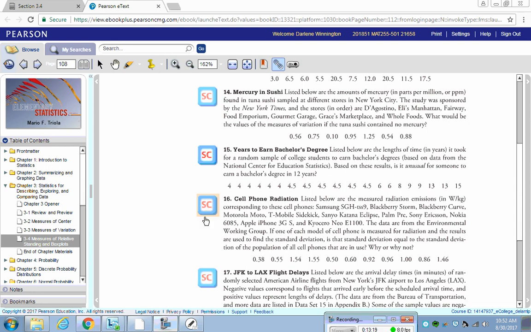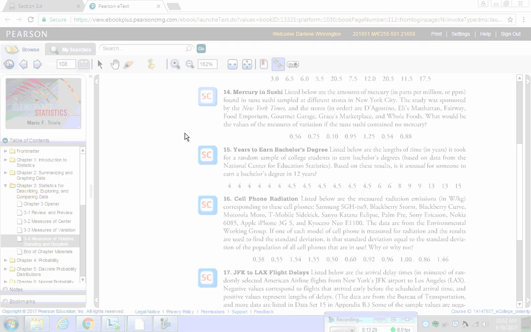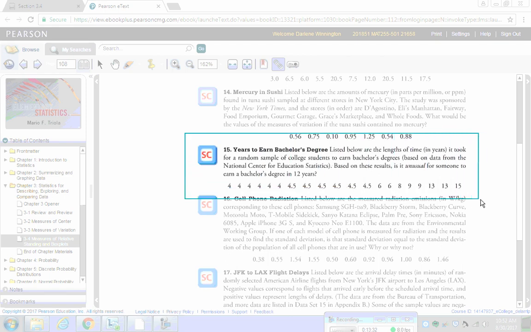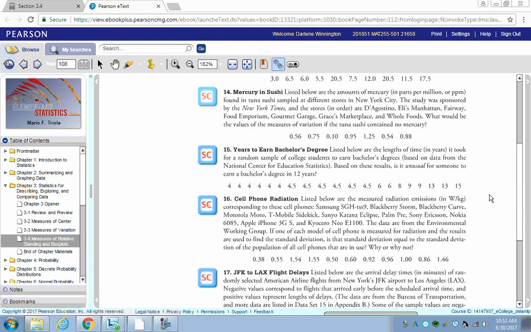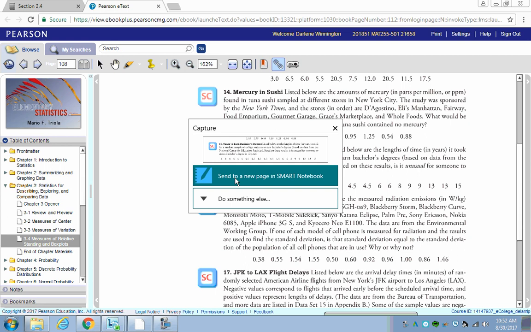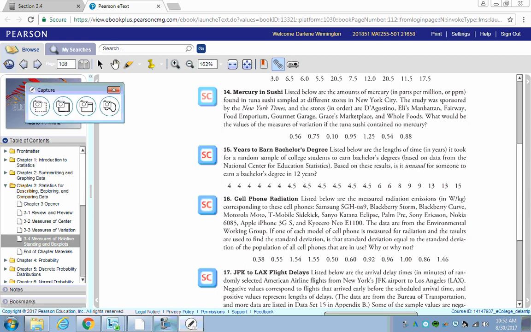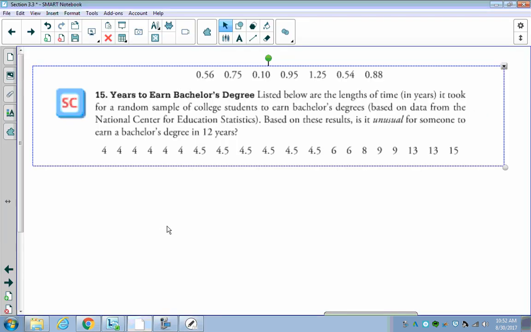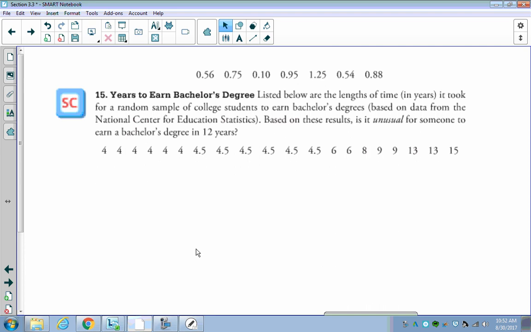It doesn't want to allow me to capture it. Okay, so this is the one that was captured right from the textbook.